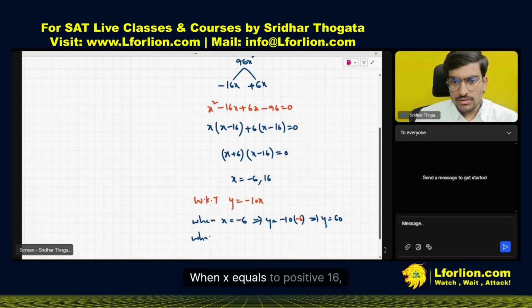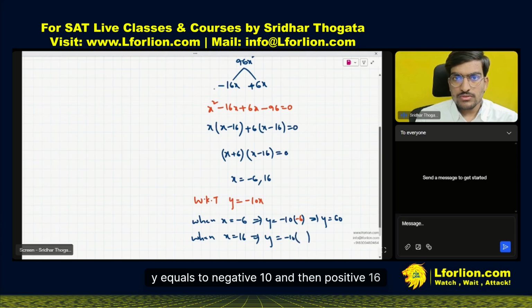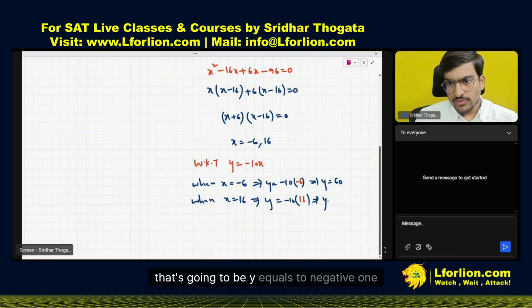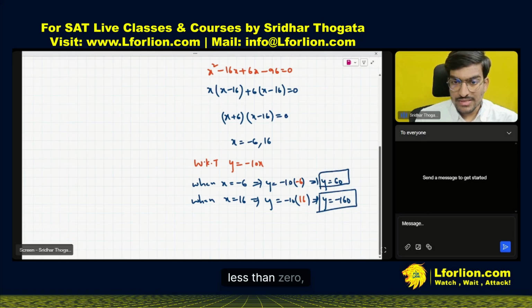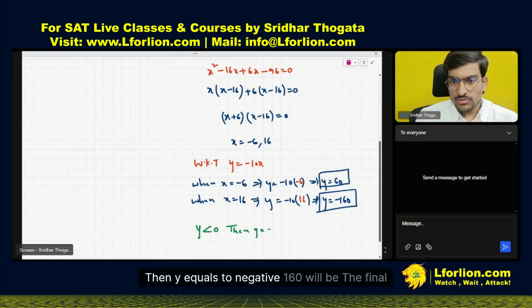When x equals positive 16, y equals negative 160. They clearly mentioned the y value is less than 0, so y equals negative 160 will be the final answer.